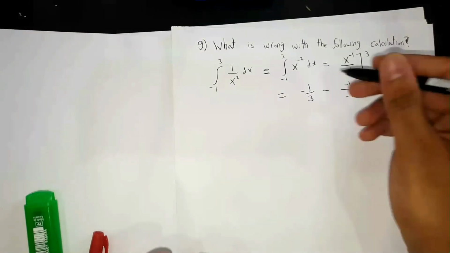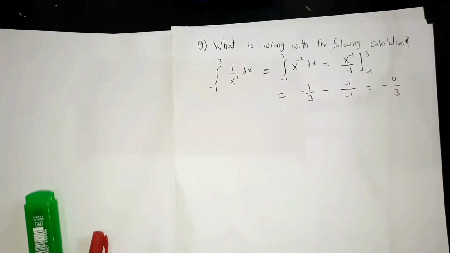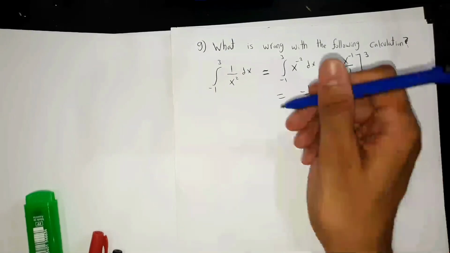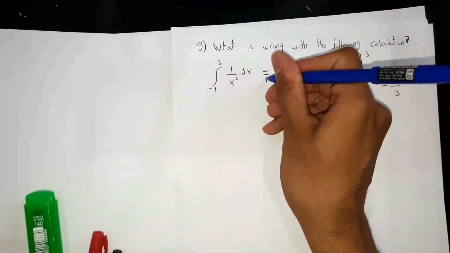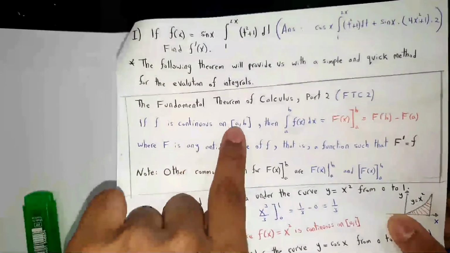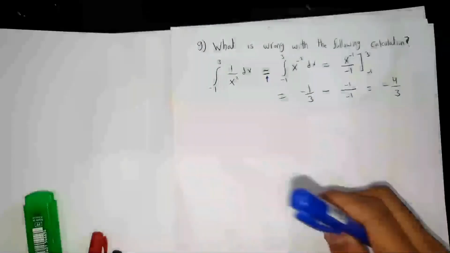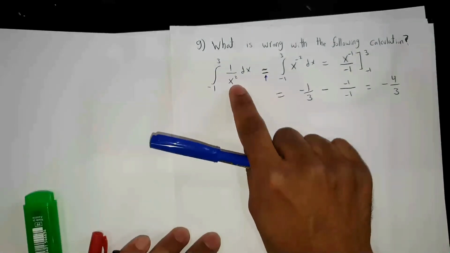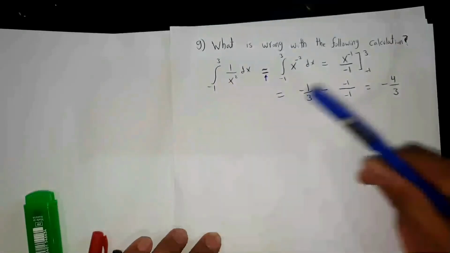He said, what is wrong with the following calculation? What do you think? The mistake comes from here. Remember the condition in the fundamental theorem of calculus part 2. We need f to be continuous on the closed interval. Do we have it here? No, we have a discontinuity at 0, which is inside the interval.